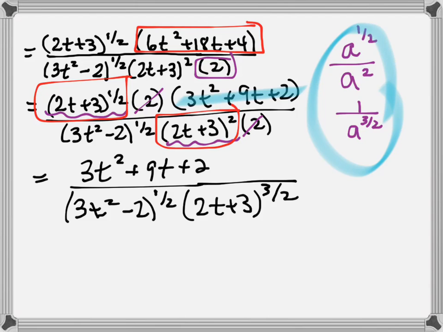Power of 1/2 on top, power of 2 on the bottom, they can combine. So they're a power of 3/2 in the bottom. It's a property of exponents. This right here is the same as a to the negative 3/2, because 1/2 minus 2 would be negative 3/2, which is the same as having the 3/2 in the denominator in the bottom.